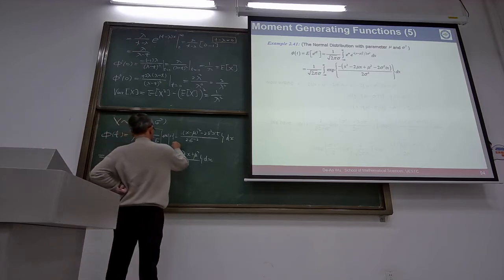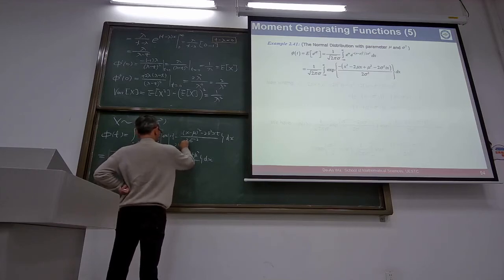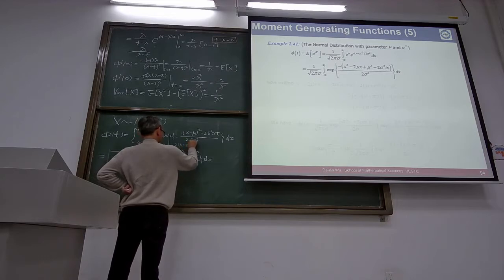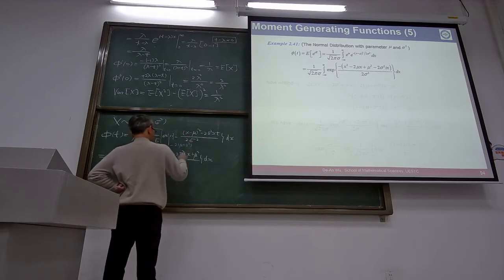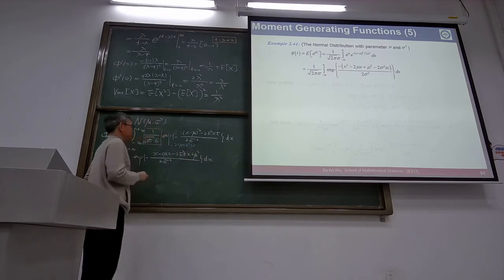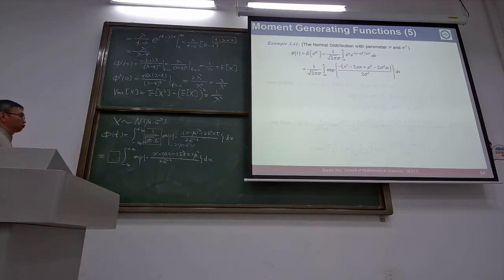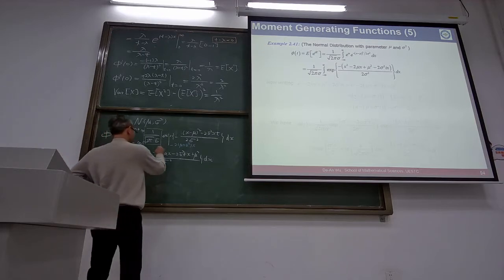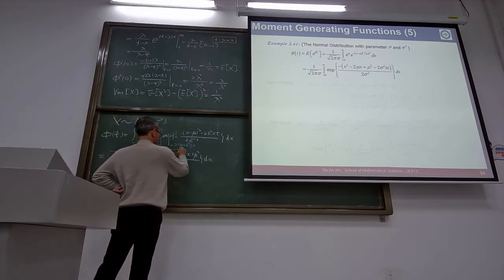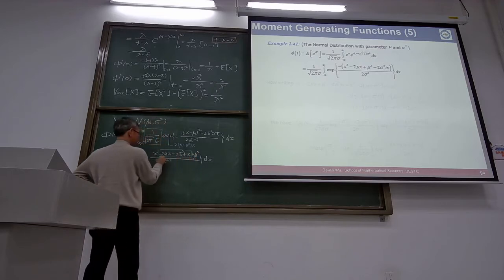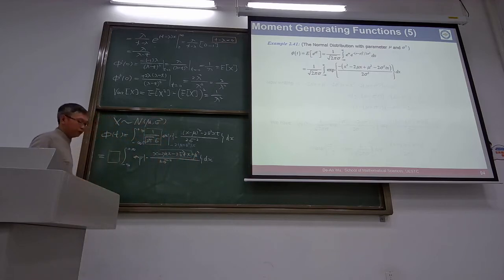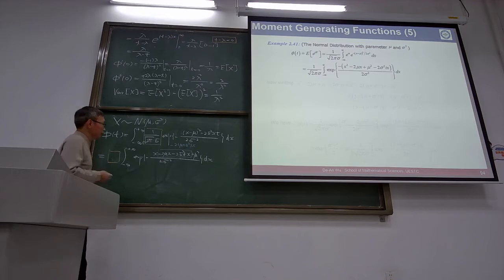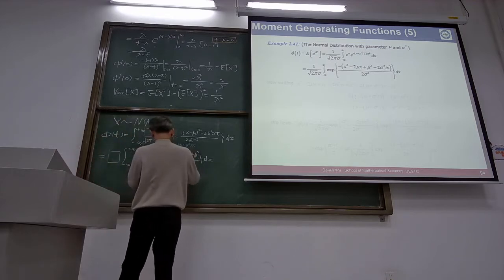This just equals minus 2 mu plus sigma squared t, x. Here we need a t.